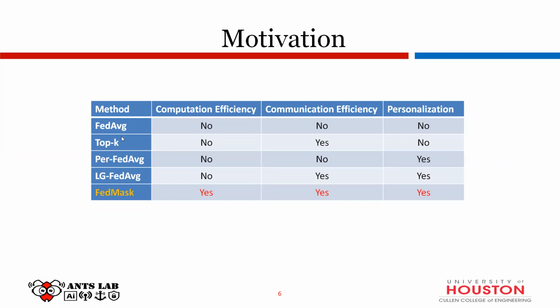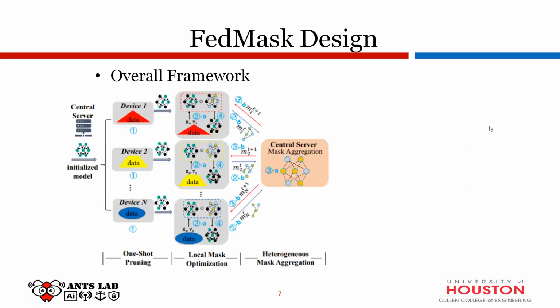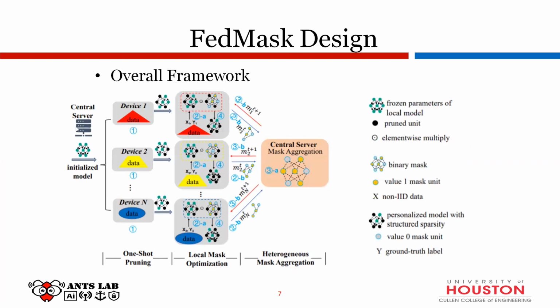the implementation section. Okay, so now we'll be talking about the FedMask design. So the overall framework, this is a bit overloaded, but we'll be talking about the details of each. Basically, first you have this central server which initializes the model, and then for each device we perform a one-shot pruning. This is a one-time thing. You only do this once.